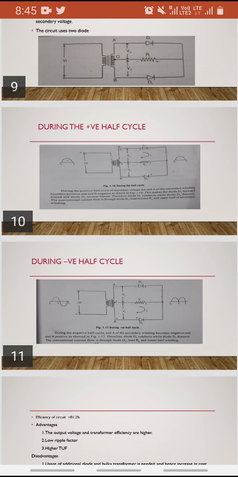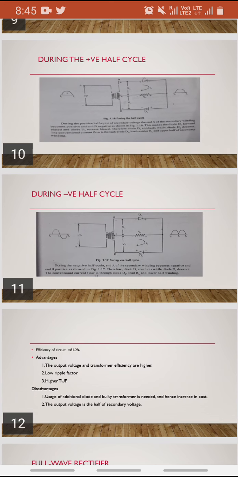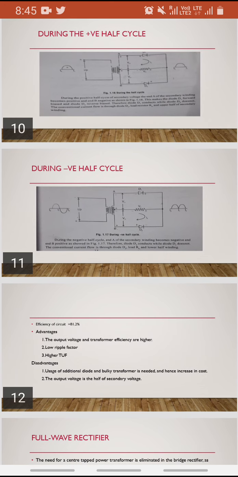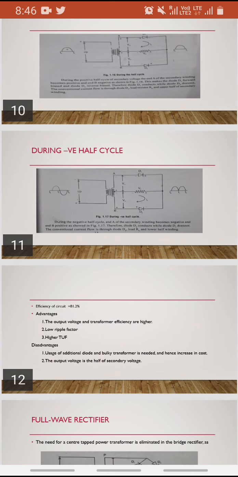And during the negative half cycle, end A of the secondary winding becomes negative and end B positive, as shown in the figure.